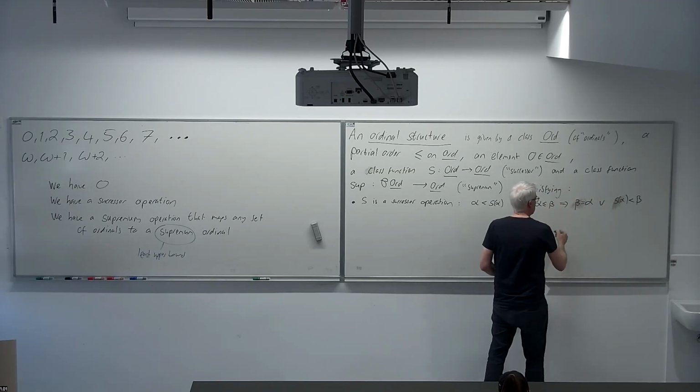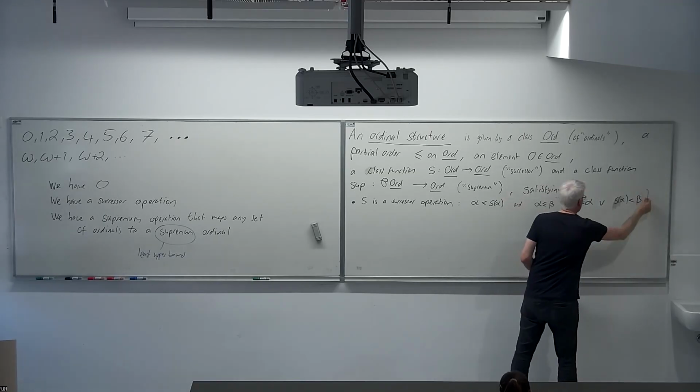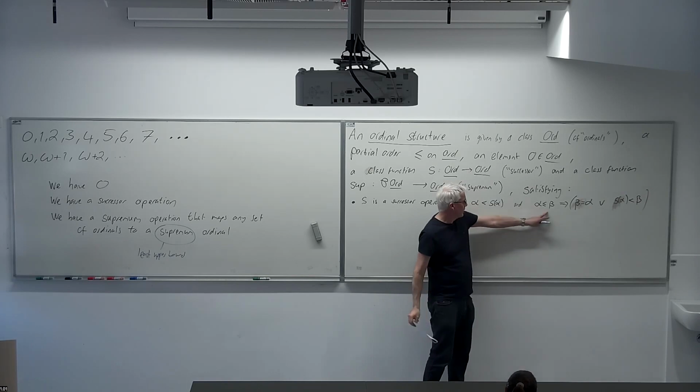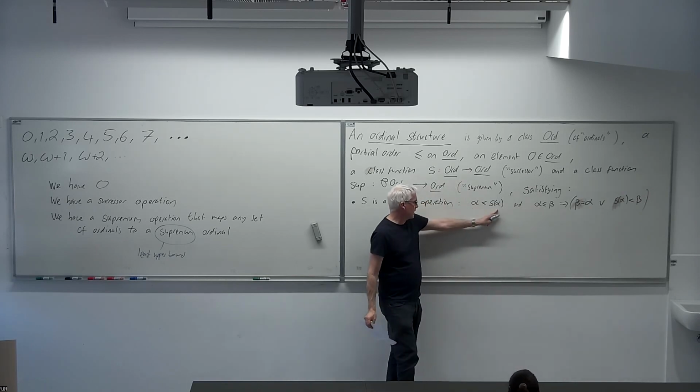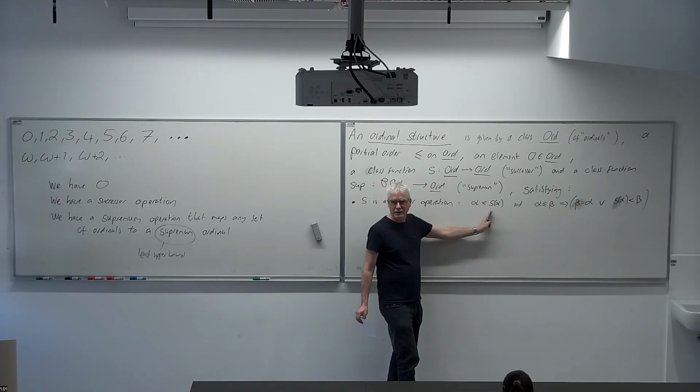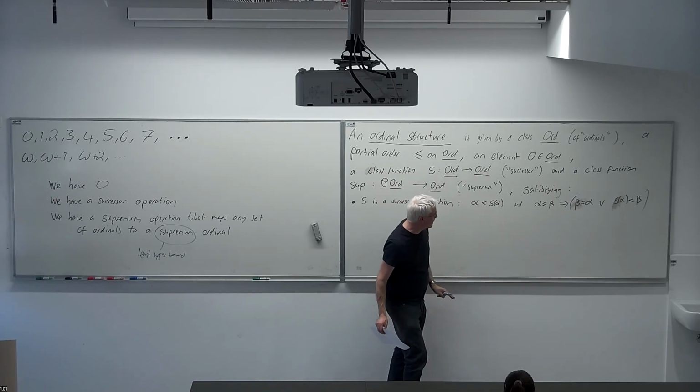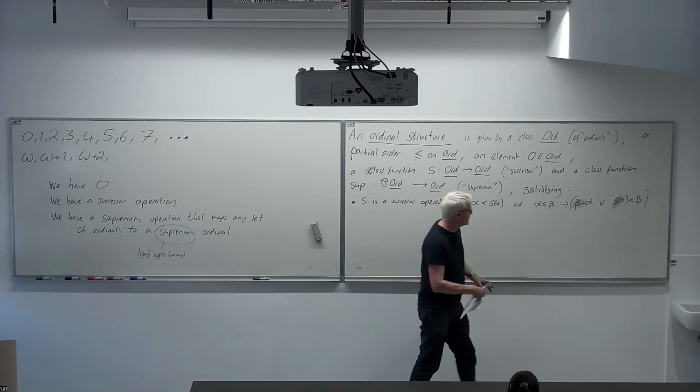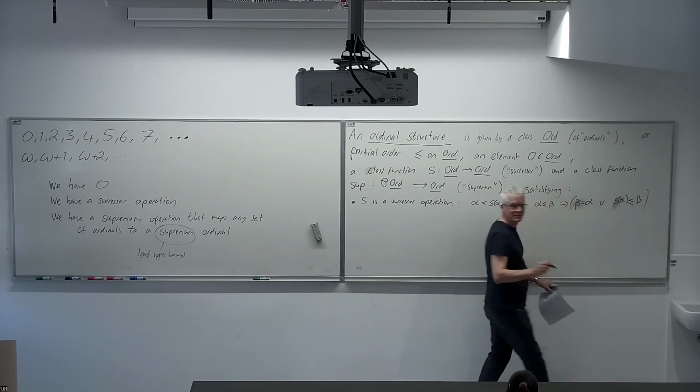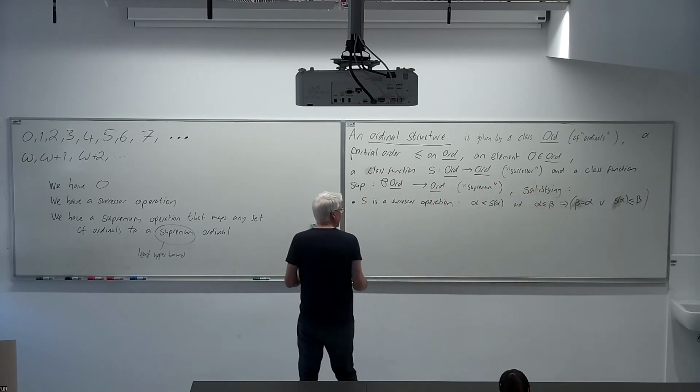This is saying alpha is strictly less than its successor, when there are no other ordinal numbers in between. I hope that's what it's saying. What if beta is alpha plus 1? Thank you. Yeah, very good.